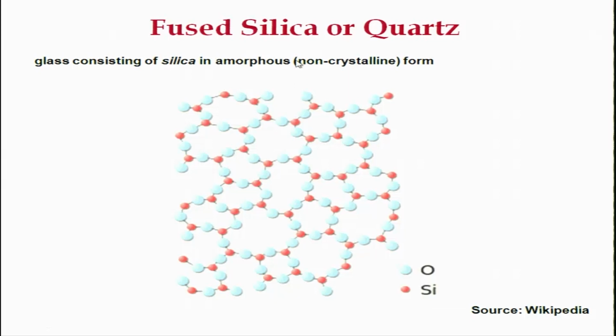It's 99.8, 99.9% pure silica. So basically, it's a glass which consists of silica only, but in amorphous or non-crystalline form. So here you can see that you have each oxygen atom. These are silicon atoms, these ones, and these are oxygen atoms.